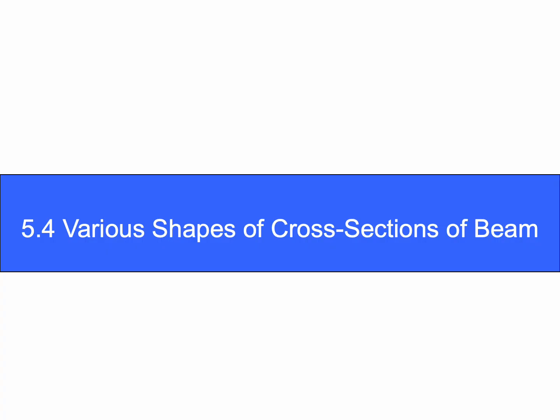From this slide, we introduce the idea that beam performance strongly depends on cross-sectional shape. Even if two beams have the same area, let us consider the case where two beams have the same area, their bending behavior can be very different. Why?